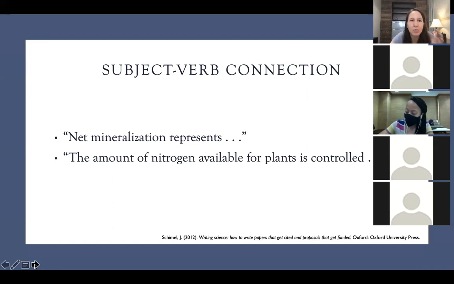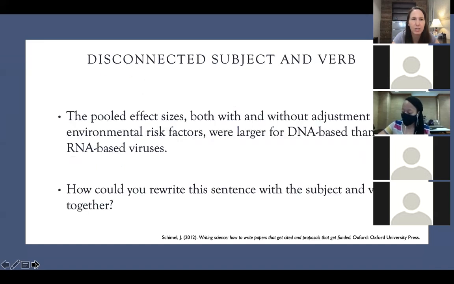This is still acceptable in this example, and this is one of those things where you just need to look at what you're working with and figure out if the gap is too big. What's at the beginning of the sentence in the topic, the amount of nitrogen available for plants, still acts as a very small unit. We can comprehend that. There aren't a lot of moving parts. And then we have "is controlled" right after it. So this is still acceptable for the subject-verb connection.